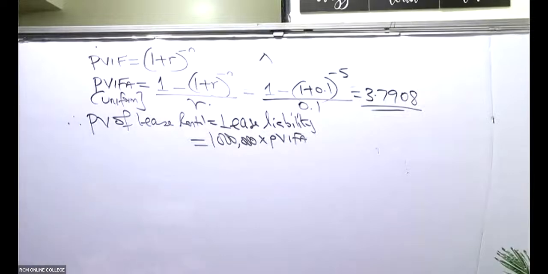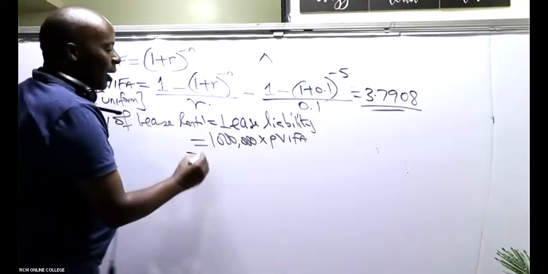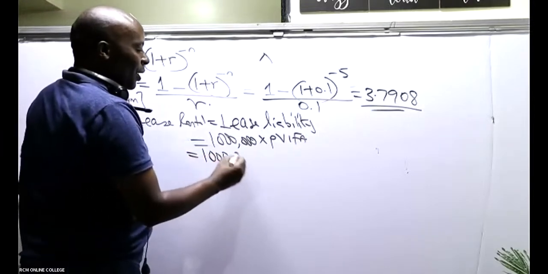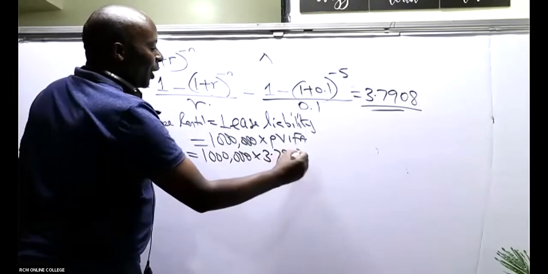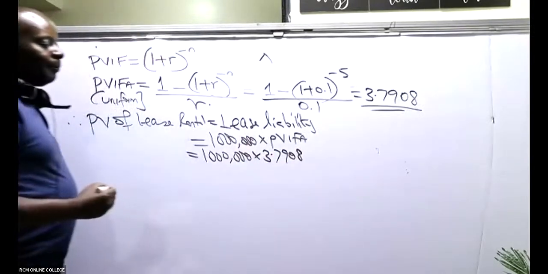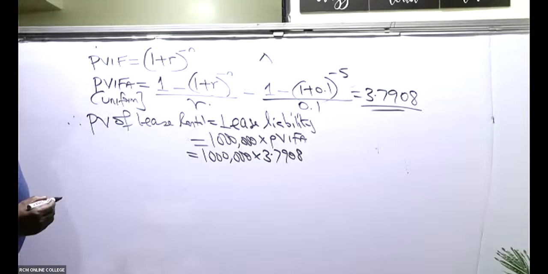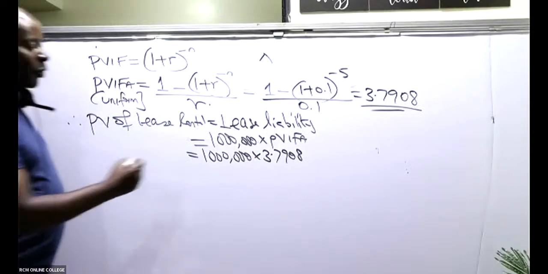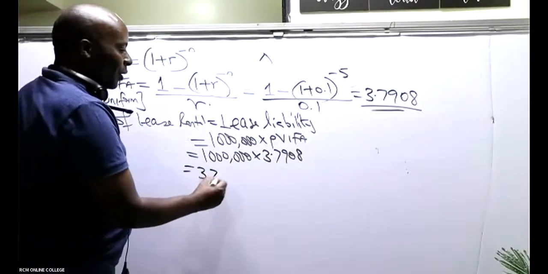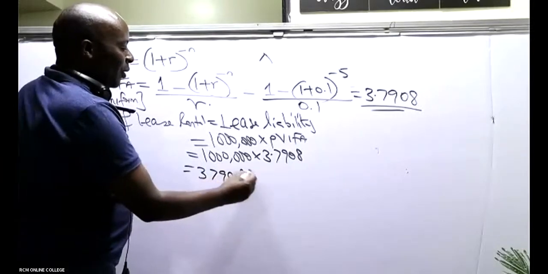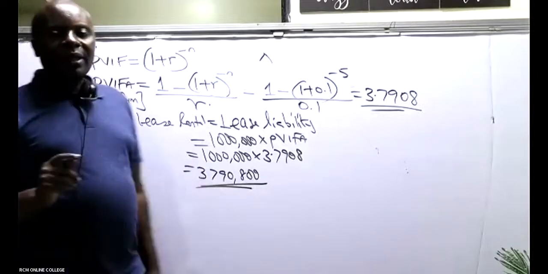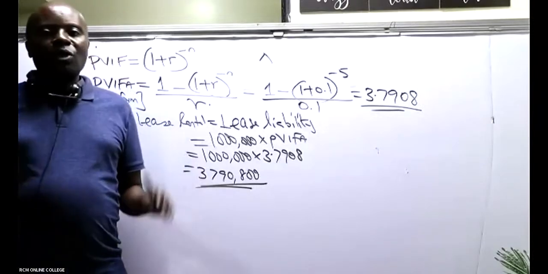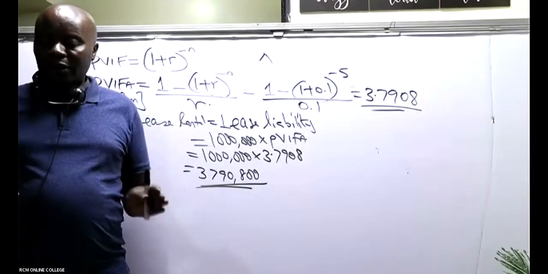So this one here will be $1 million, which you are paying every year, times PV of 3.7908. Which will be the same as 3,790,800 Kenya shillings. So this is what we owe this gentleman, the landlord, in total, having discounted.